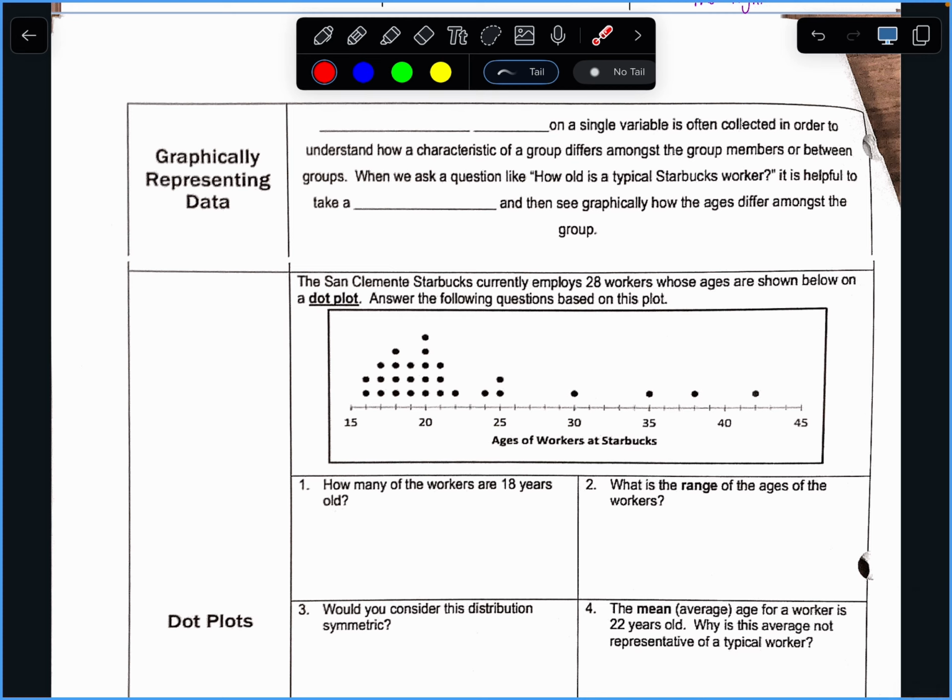Okay. So we've been looking at lots of graphs. We've been looking at multiple representations of data. So all the questions we were posing, what kind of answers were we getting from students?